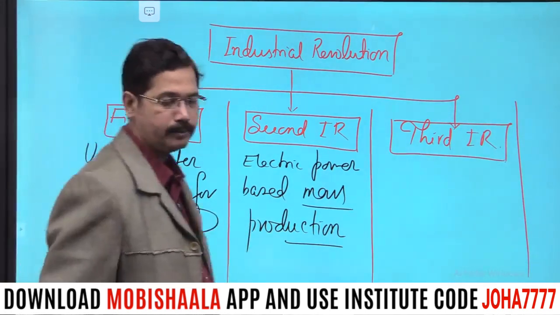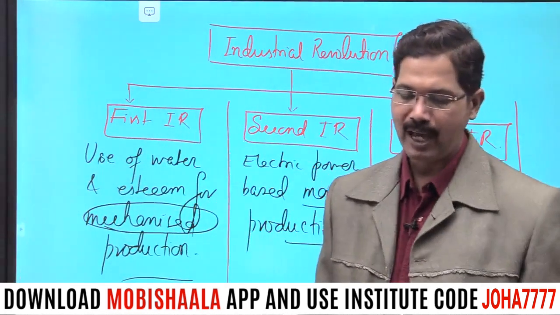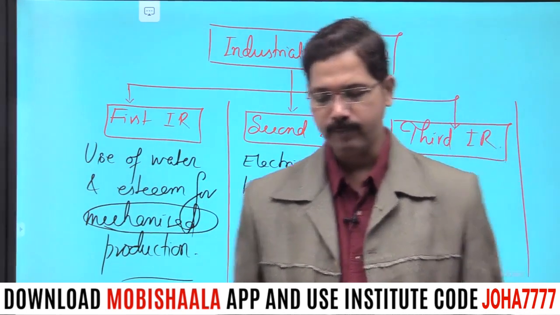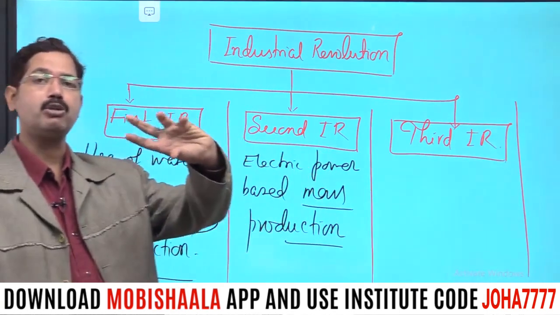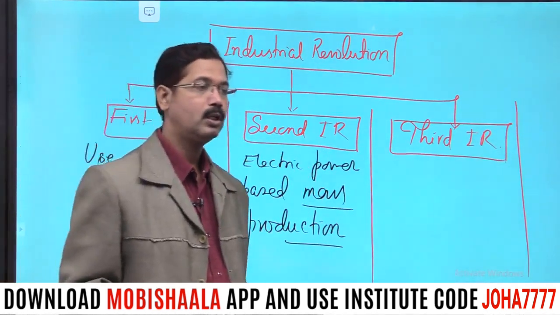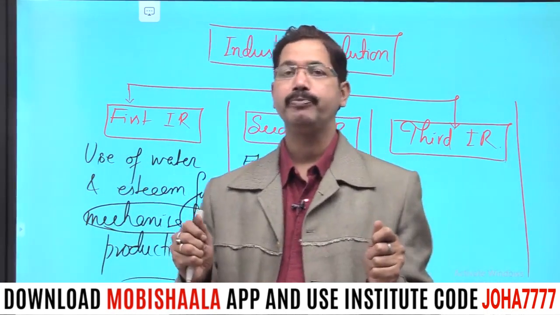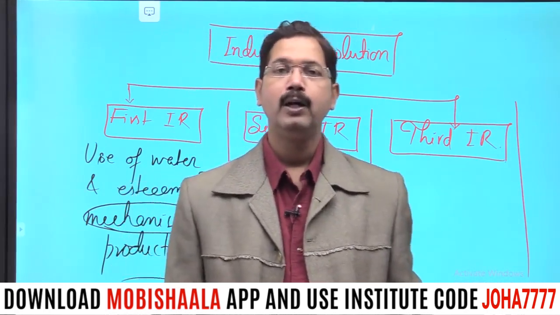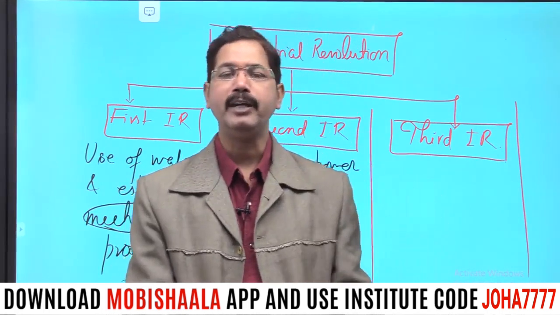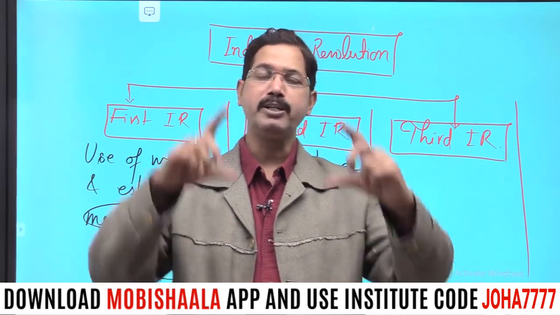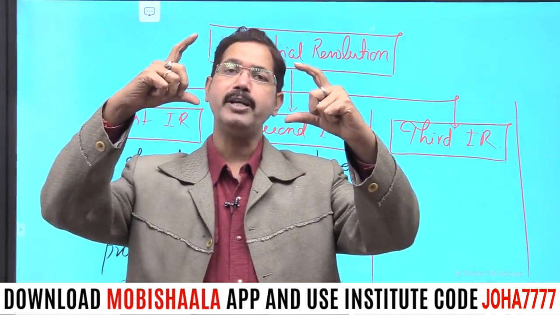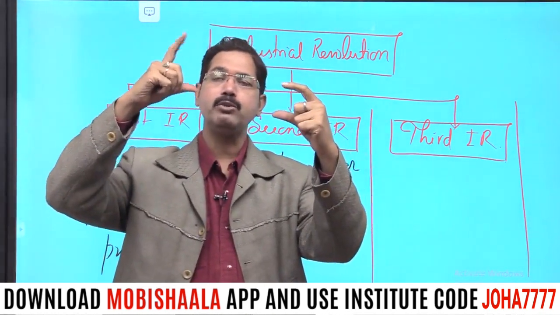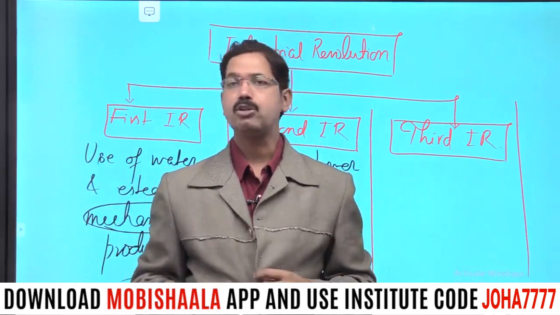And what about the third? Later we have generated electronics and information technology, and the production has become what? Automated. So nowadays we are using a car, and that car has power steering, so it is the automated mode. This camera is working and this is in the automated mode, but earlier it was a still camera. So in the still camera it was electrical. Always we switch on, switch off, switch on, switch off, clicking the button. So it was not automated production.